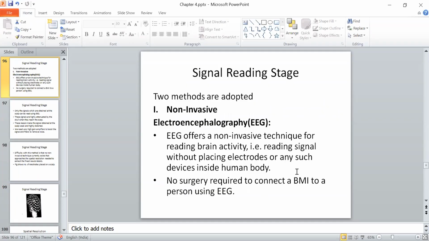In the case of EEG technique, to read the signal from the brain, you place the electrode on the human scalp. तो जो इलेक्ट्रोड होते हैं, whenever you think something, there is a signal generated in your brain, and we try to capture that particular signal, and to capture those signals we use the electrodes, and those electrodes we put on the scalp of the human body. So in this case, as you can see, हम scalp के ऊपर directly electrode लगा रहे हैं, so there is no surgery required in this case.